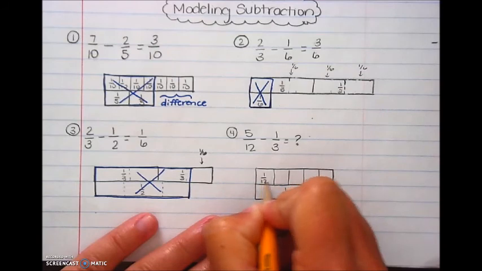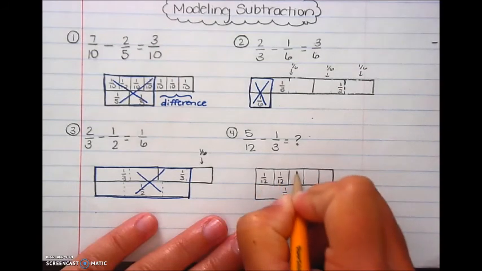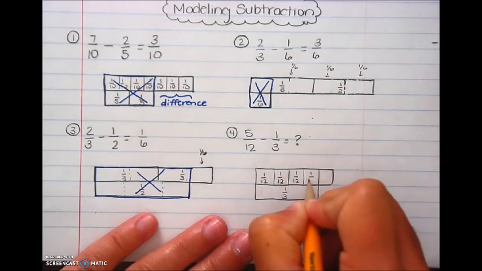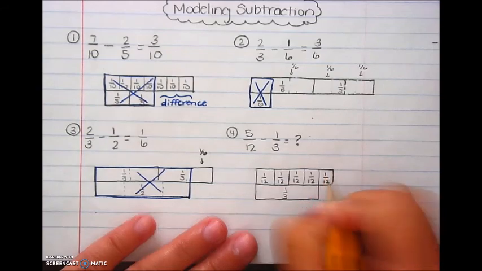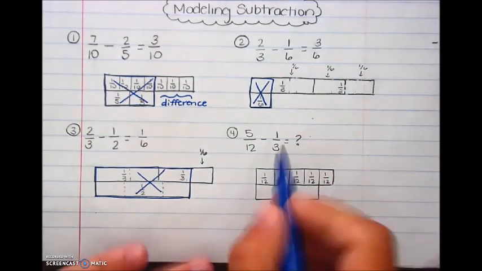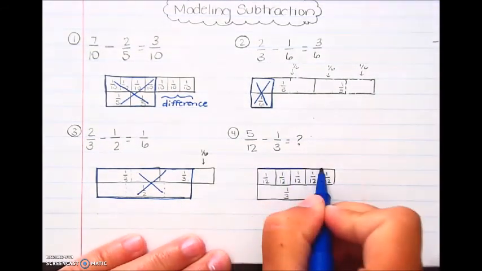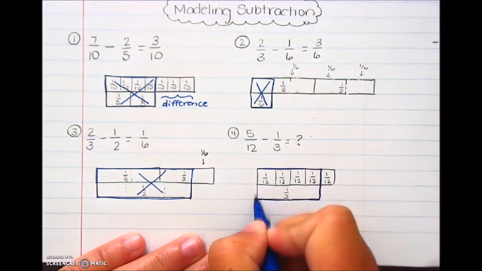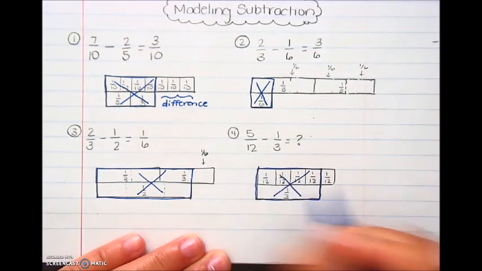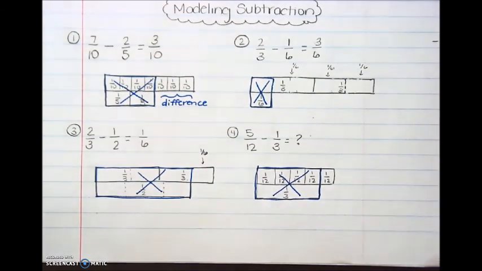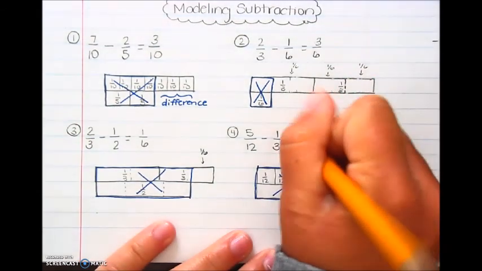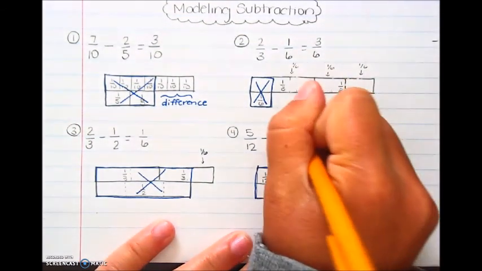So I'll fill these in as 1/12 each. And I'll show that I'm subtracting this full group here, which leaves me with 1/12 as my final difference.